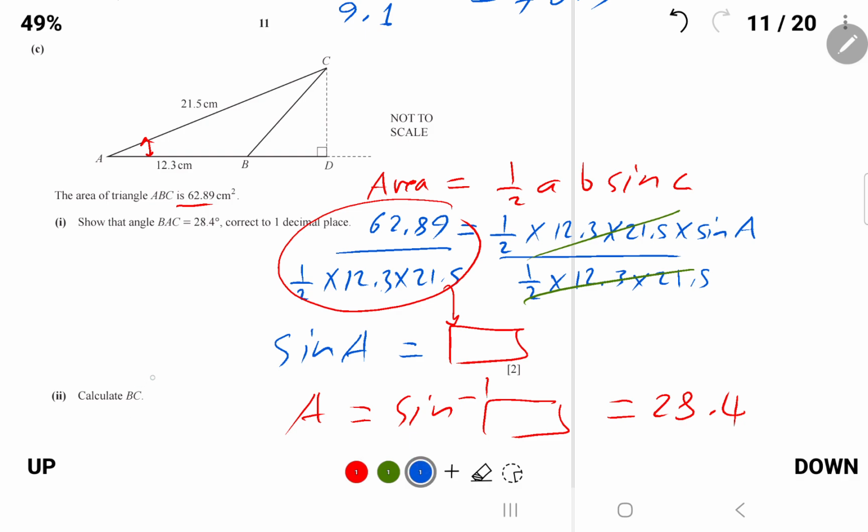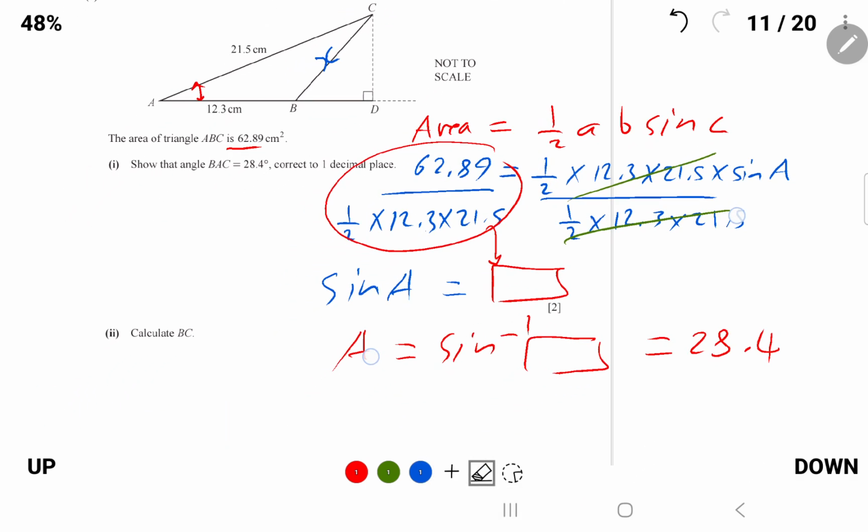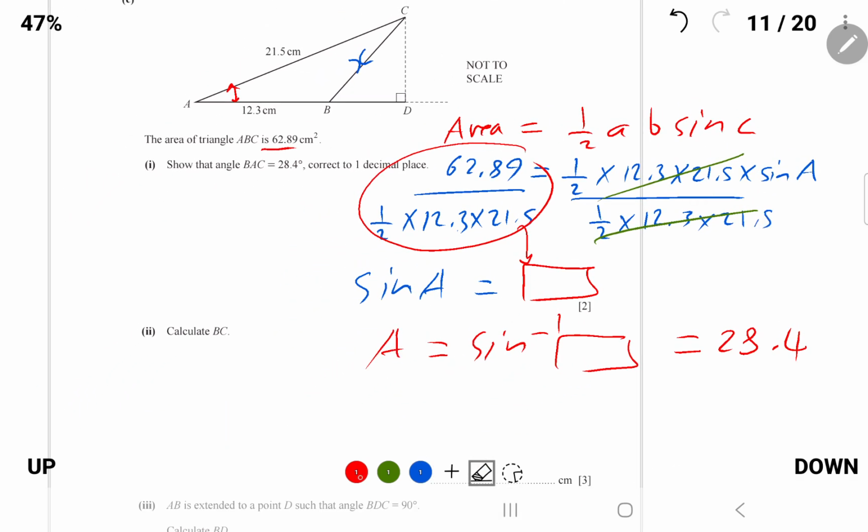Last question now, calculate BC. BC is this length, let's label it x here. To calculate BC we can use cosine rule.